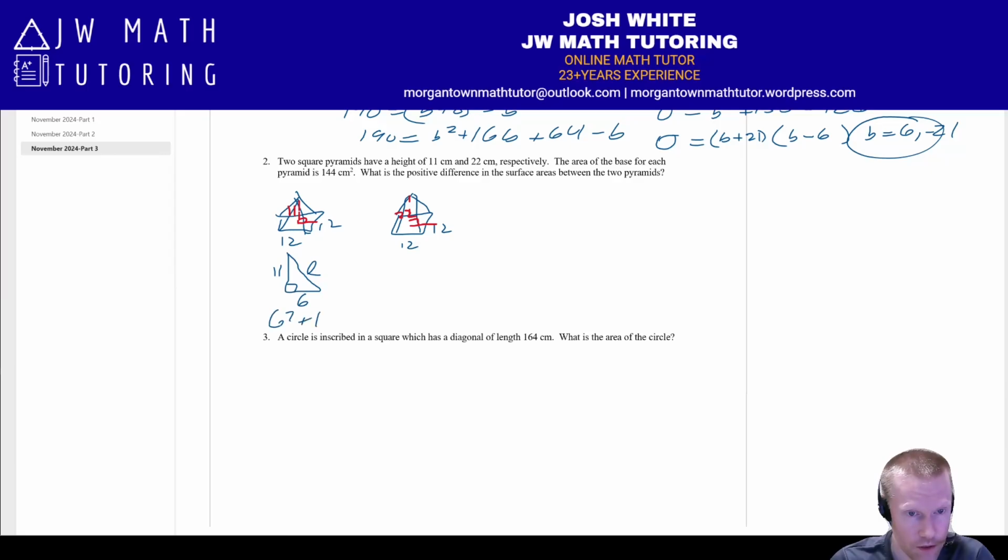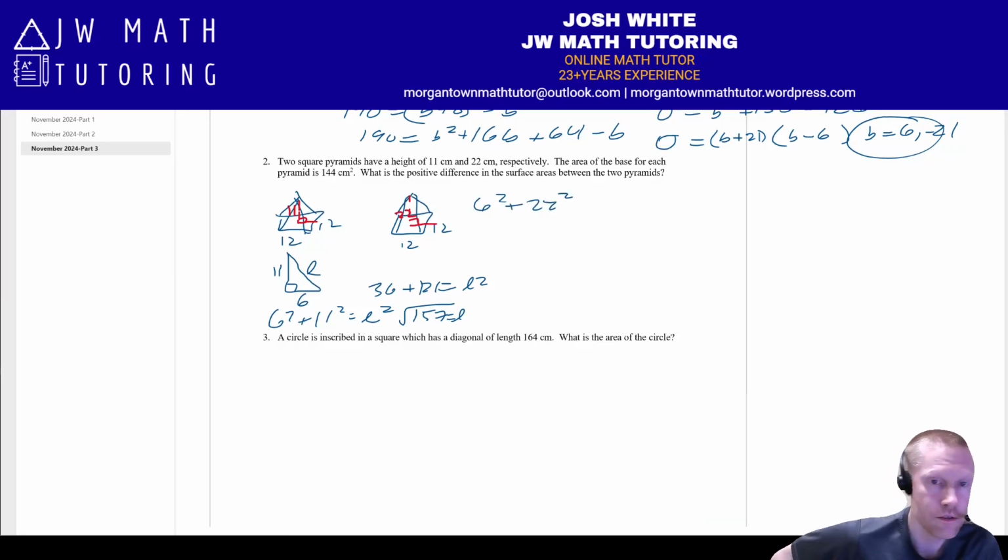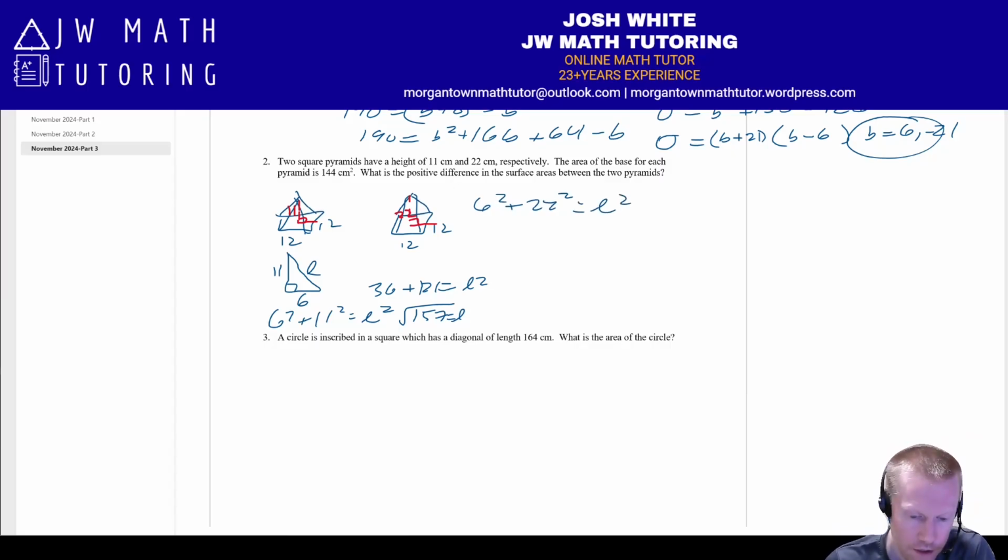So you do 6 squared plus 11 squared equals L squared. Now, this is going to just work out to 36 plus 121 equals L squared, or basically L is going to be root 157. You do the same exact thing for the second one, except it's now 6 squared plus 22 squared, and that's equal to L squared.